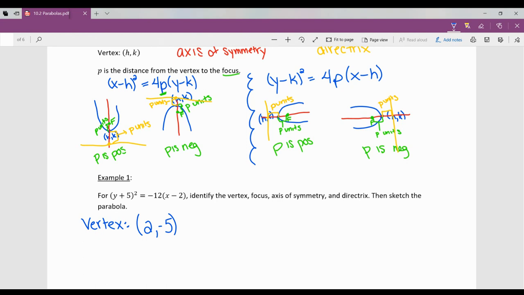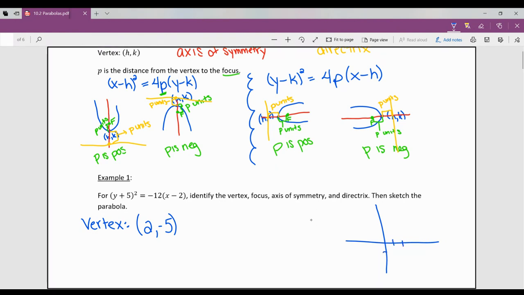Now, what I like to do is I do the sketch kind of coinciding with this. So I do my little sketch, which is positive 2, comma, negative 5.